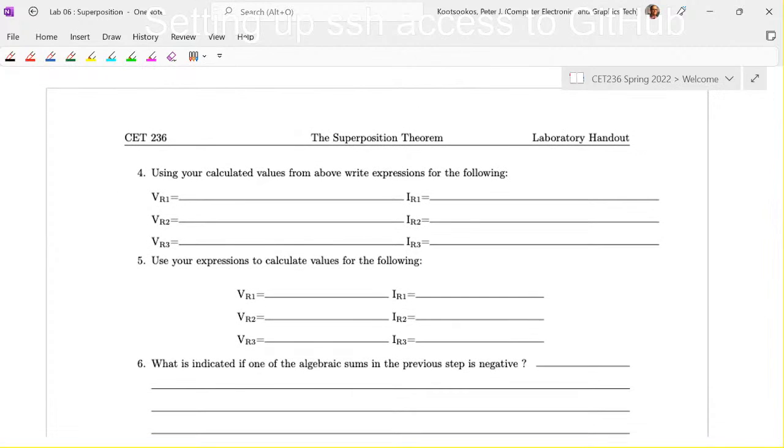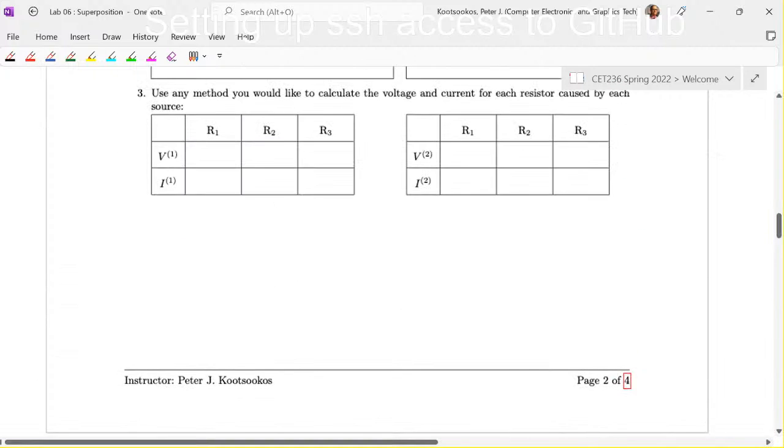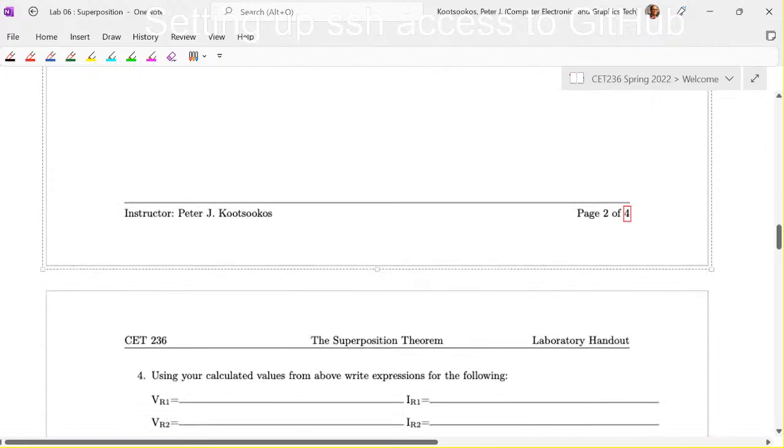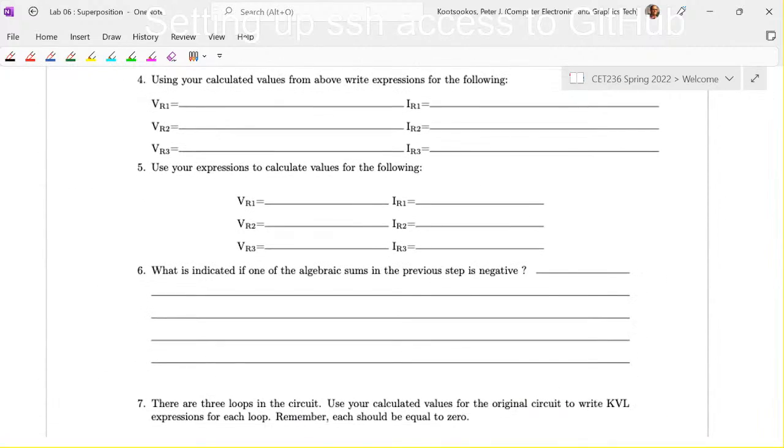And then figure out what all of the individual values are based on these numbers, the V1s and V2s, I1s and I2s, and then actually figure out what the numbers are.